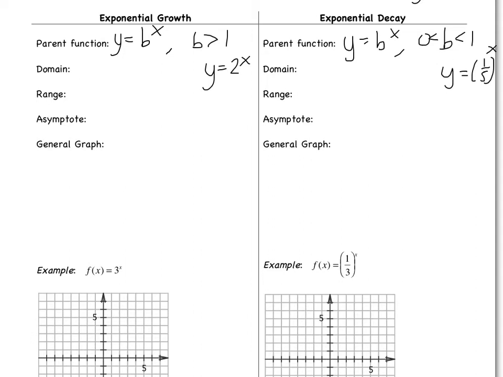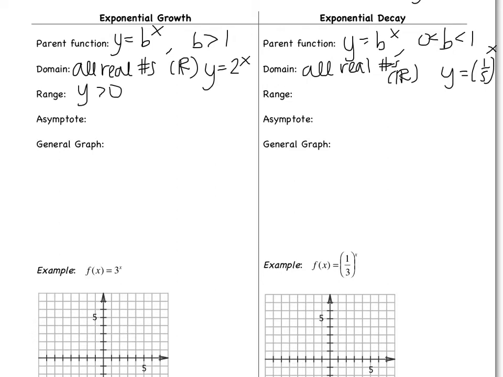The domain for both growth and decay is going to be all real numbers. You can also write the fancy R. The range for the basic parent function is going to be y is greater than 0 for both growth and decay.